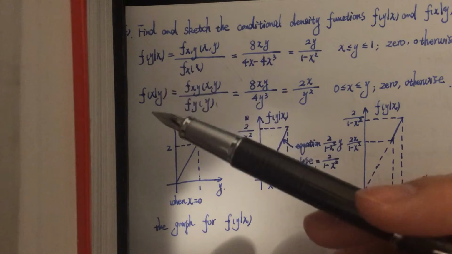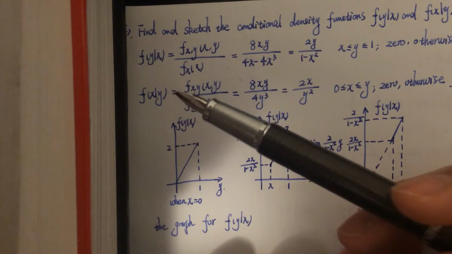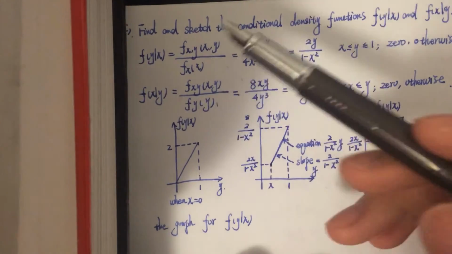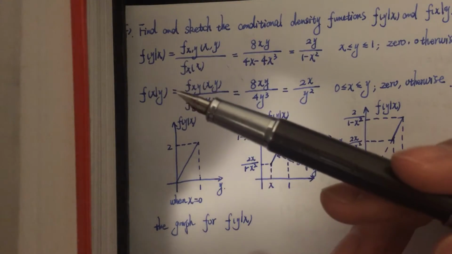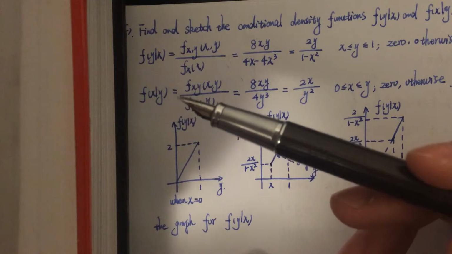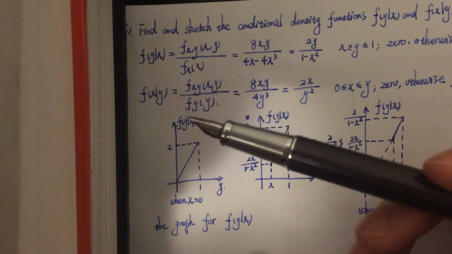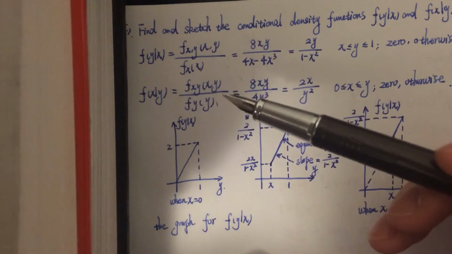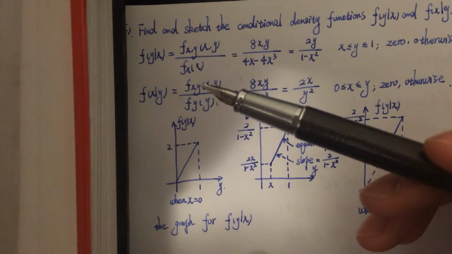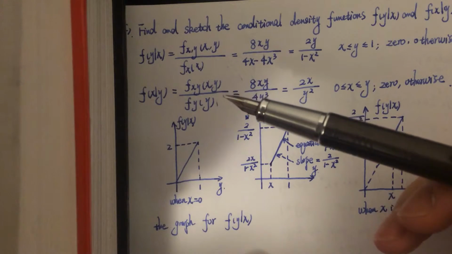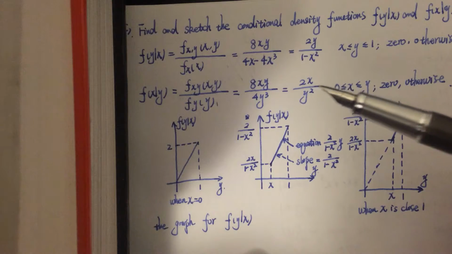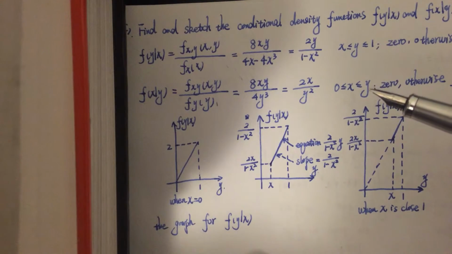And also for fX given y, the formula is f(x,y) over fY of y, and the result is 2x/y squared.